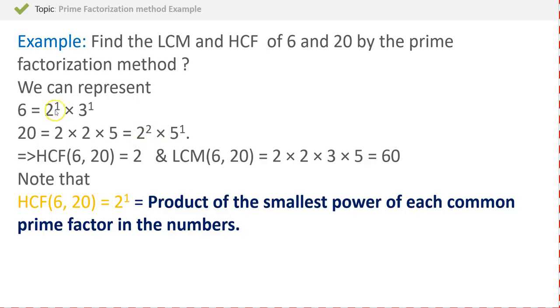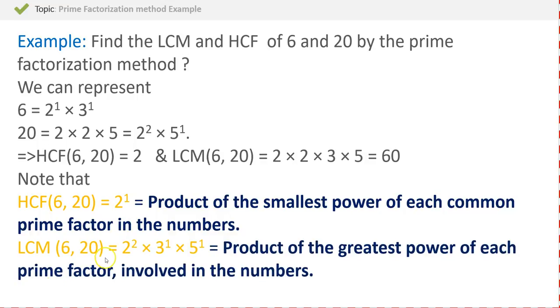The minimum power between 2 to the power 1 and 2 to the power 2 is 1, and hence my HCF of 6 and 20 is 2 to the power 1. So two things: I look at the common primes between the two numbers, and then I look at the least power I have on the common primes. That gives me the HCF.